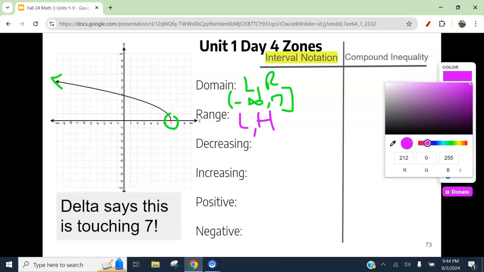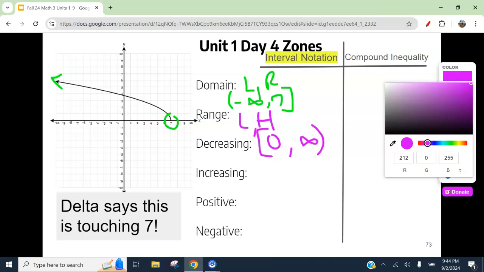So remember, the number that you really, really want to use for this is 0. And again, it touches that spot. How high does it go? You might think it only goes as high as 6, but see that arrow? That arrow means it goes up forever. So it's going up to infinity. Can never touch infinity, can never include infinity. Infinity is always parentheses.